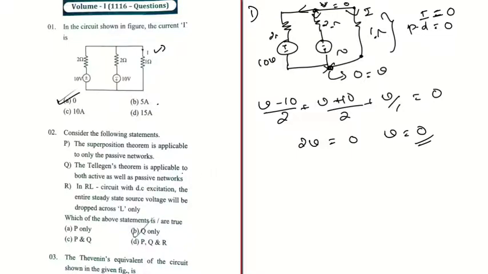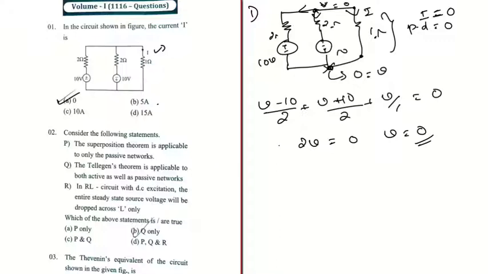For the first statement, P, which is not true, it is applicable to both active as well as passive networks. Q, Thevenin's theorem is applicable to both active as well as passive networks, which is true. And the third one, the entire steady state voltage dropped across L only, is not true.